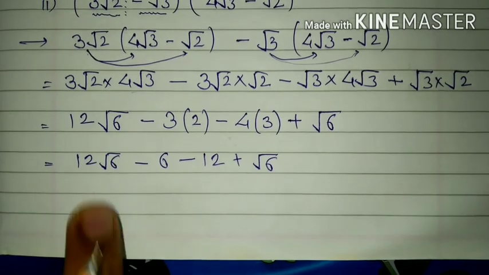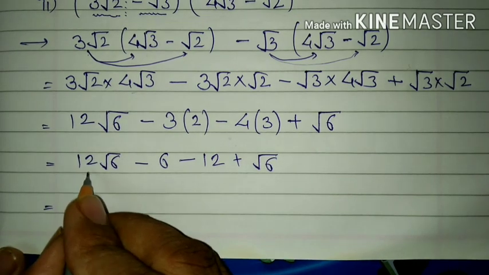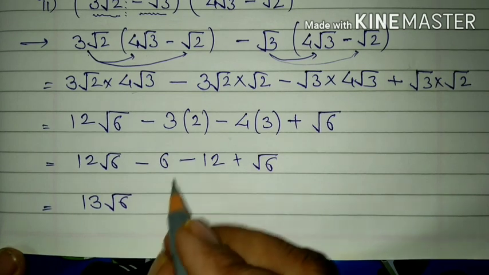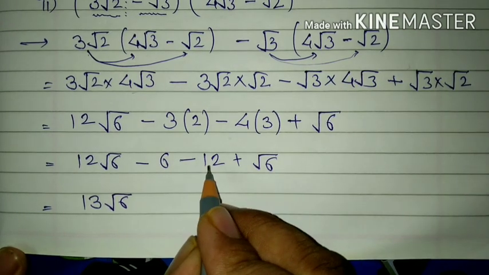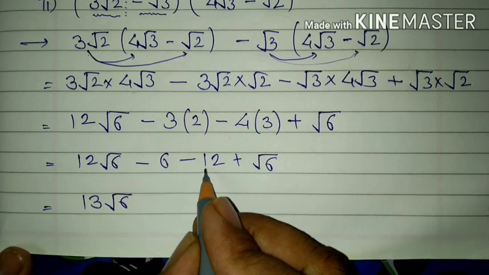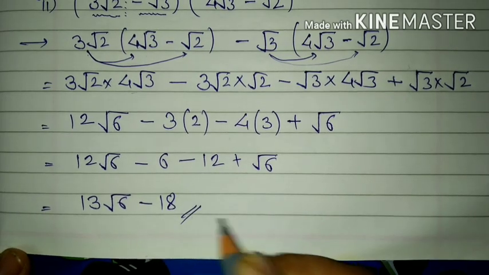Okay, now see here, root 6 are like surds, so 12 and 1, it is 13 root 6, and minus 6 minus 12: both have the same sign, so add 6 and 12, 18, and the sign of the bigger number is minus, so minus 18. This is our final answer.